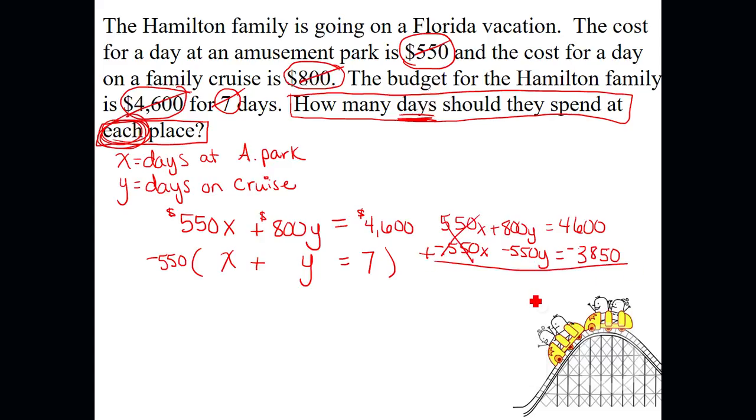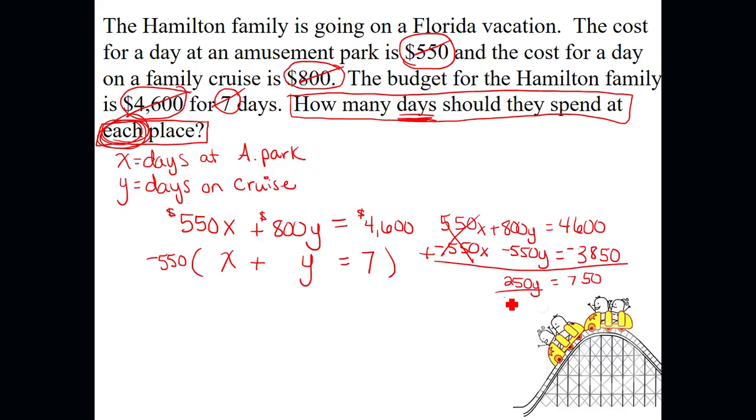These x's will eliminate. We'd have 800 minus 550, which is 250 y's. And then we have 4,600 minus 3,850, and we end up with 750.